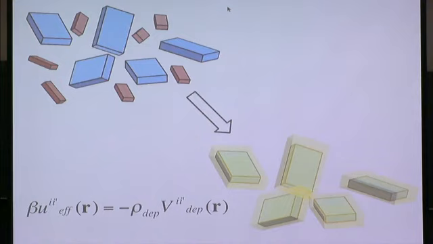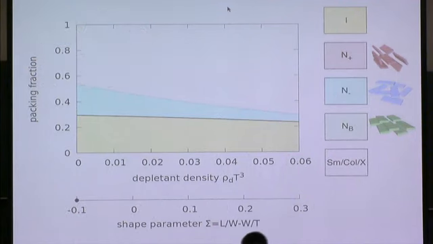We can analyze the phase diagram of these attractive board-like particles as a function of the depletant density. For depletant density equal to 0, there is only repulsion between the board-like particles. We increase the depletant, and we have an attraction which is stronger and stronger.